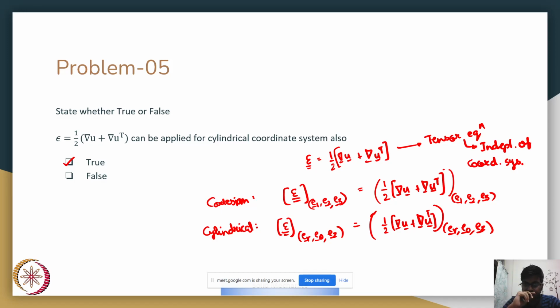Is there anything like that in real life, where we can relate the gradient of a vector?